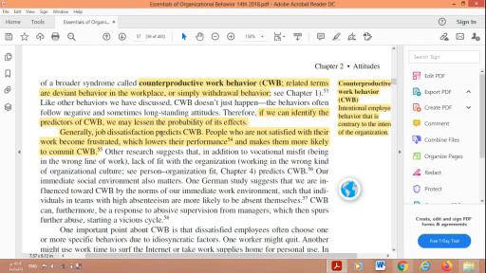Generally, job dissatisfaction can predict counterproductive work behavior. People who are dissatisfied with their work or their job become frustrated, which lowers their performance and makes them more likely to commit counterproductive work behavior.